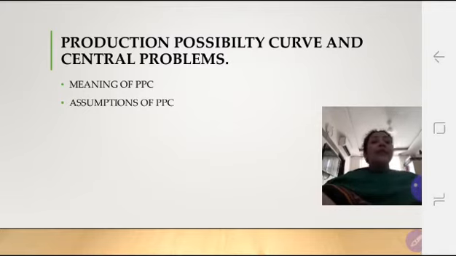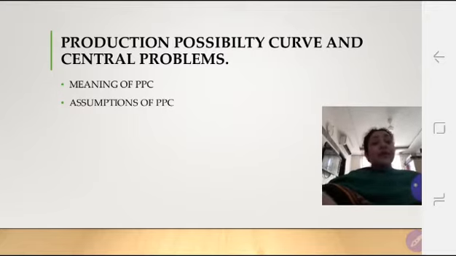So, what are the various combinations of two products that can be produced in an economy with available resources and available techniques? Now when we talk about resources, we are talking about a given amount of resources, meaning the resources are fixed. Alright, so resources are not changing and the economy is also working efficiently, right?